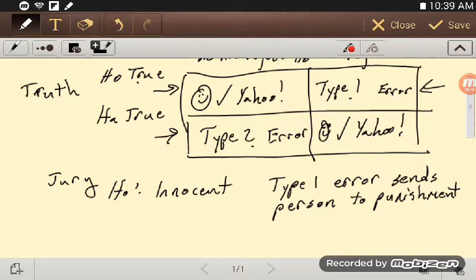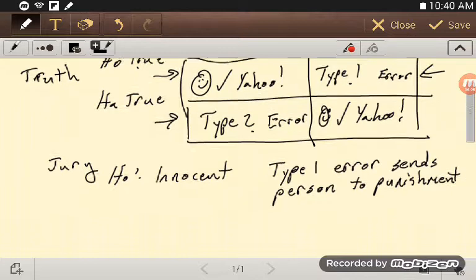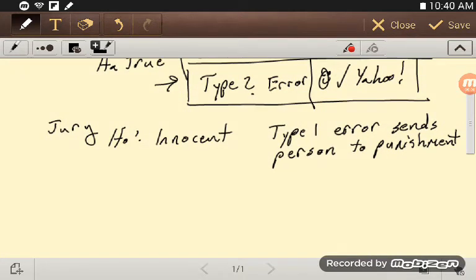And when we think about it, that's bad, right? We don't like that. We have things like the Innocence Project and so forth. This is bad news. I would feel very, very badly if I did that.